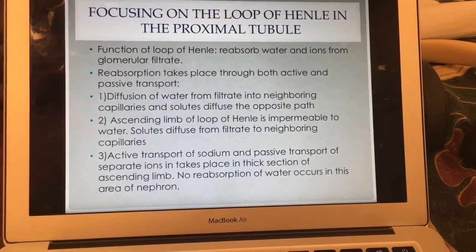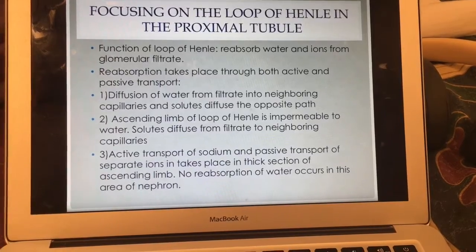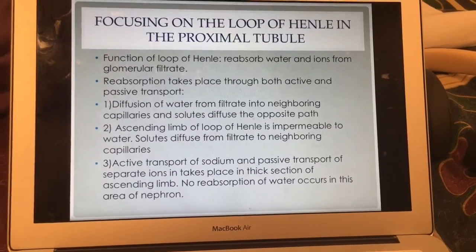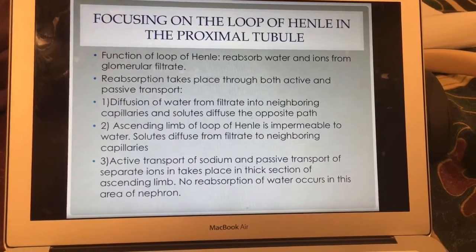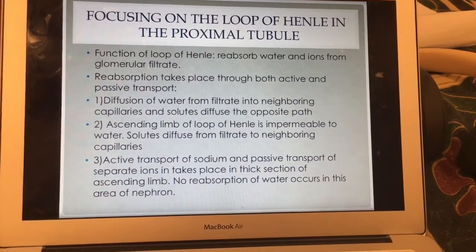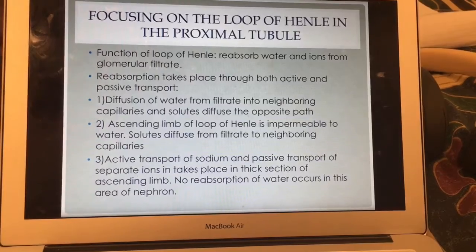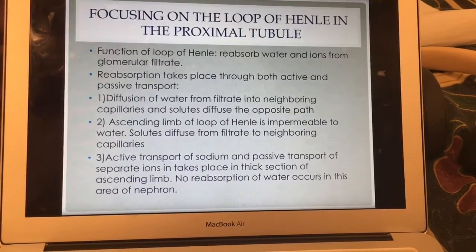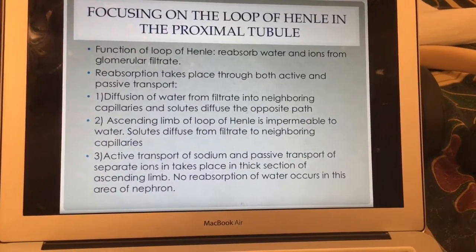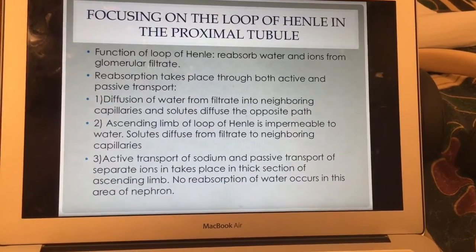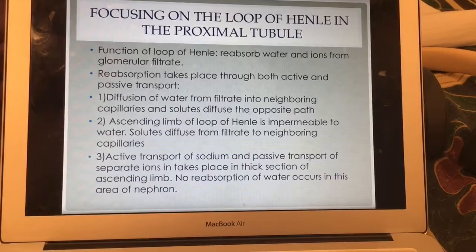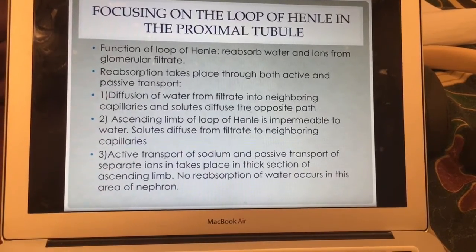Second, the ascending limb of the loop of Henle is impermeable to water. Solutes diffuse from the filtrate to neighboring capillaries. Third, active transport of sodium and passive transport of separate ions takes place in the thick section of the ascending limb, and no reabsorption of water occurs in this area of the nephron.